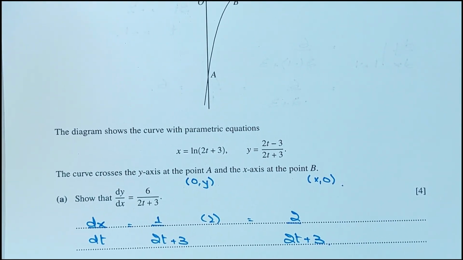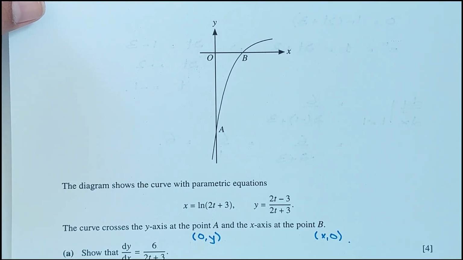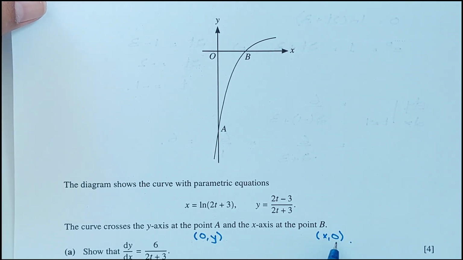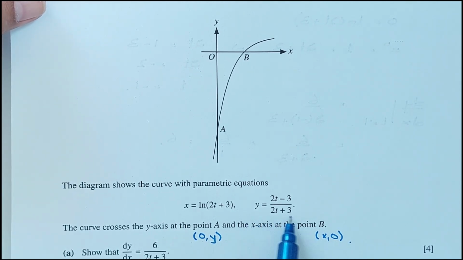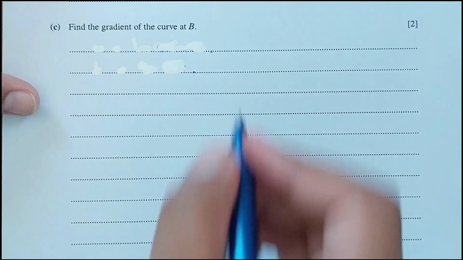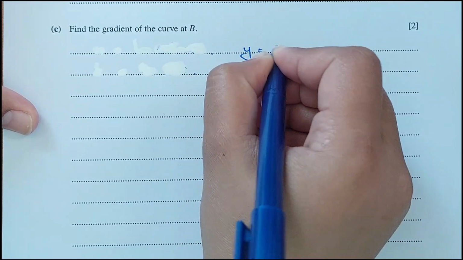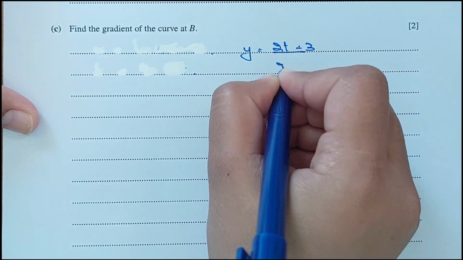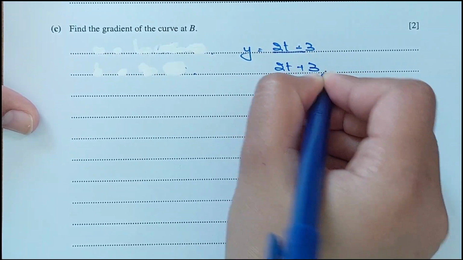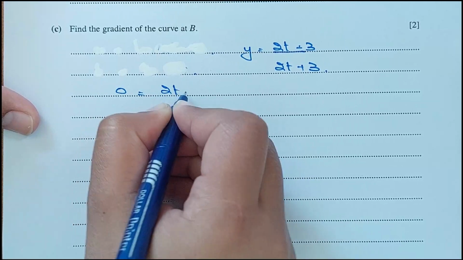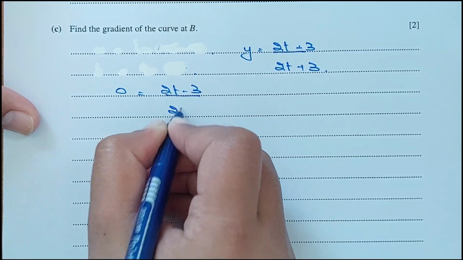Right? Now for part C, find the gradient of the curve at B. So at B, you can see the curve crosses the x-axis at point B, meaning y should be equal to 0. So we can substitute y equals 0 and solve for t. So we have y is equal to 2t minus 3 over 2t plus 3. So 0 would be equal to 2t minus 3 over 2t plus 3.